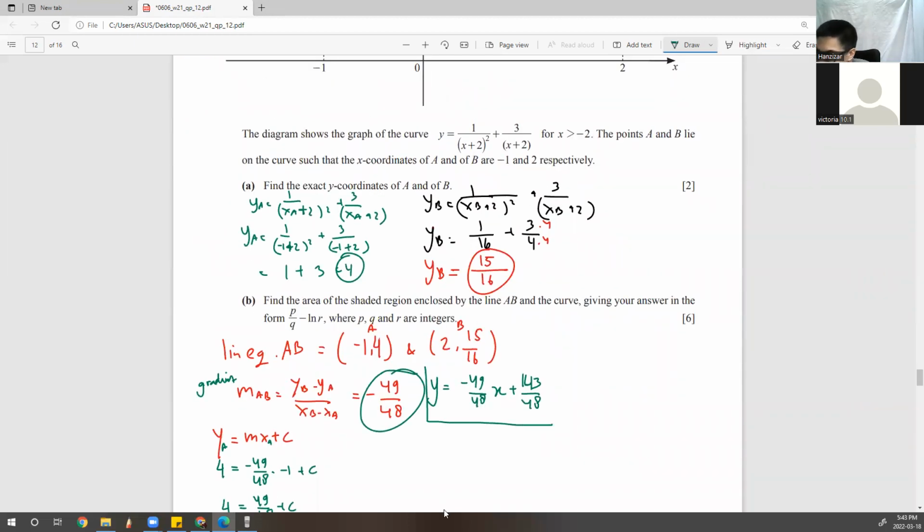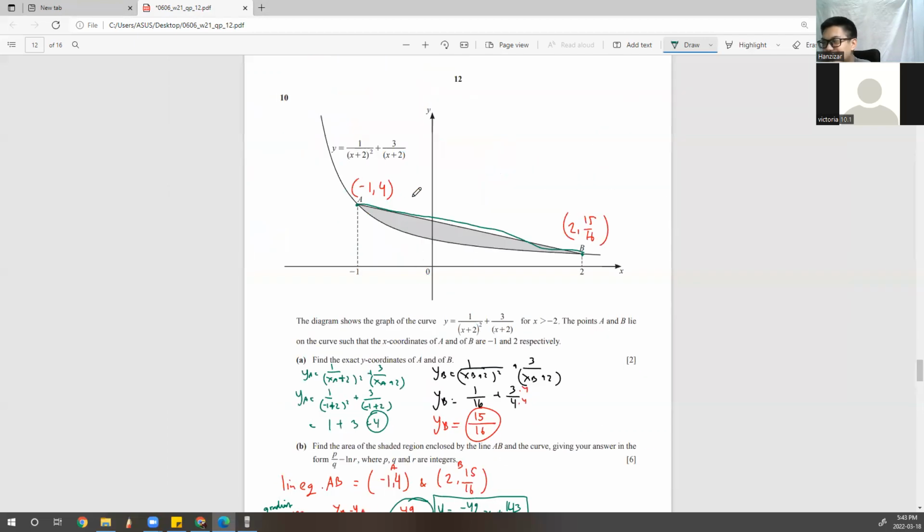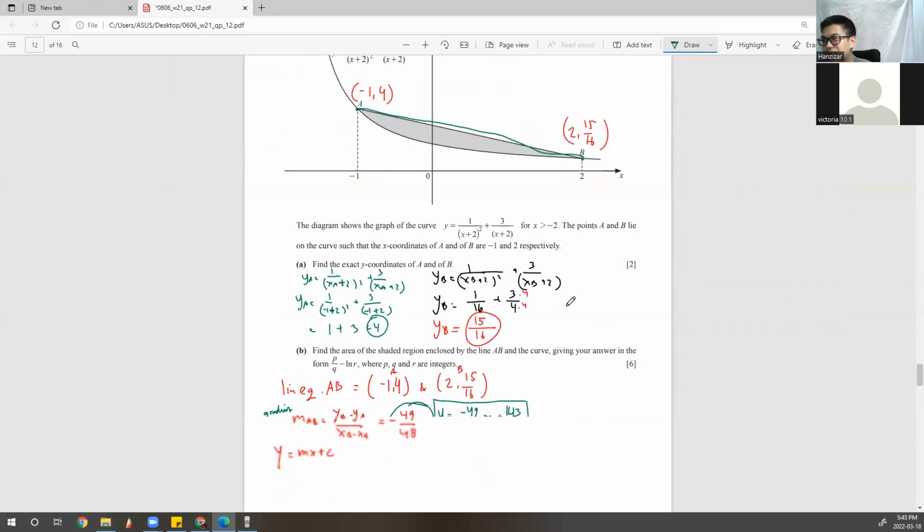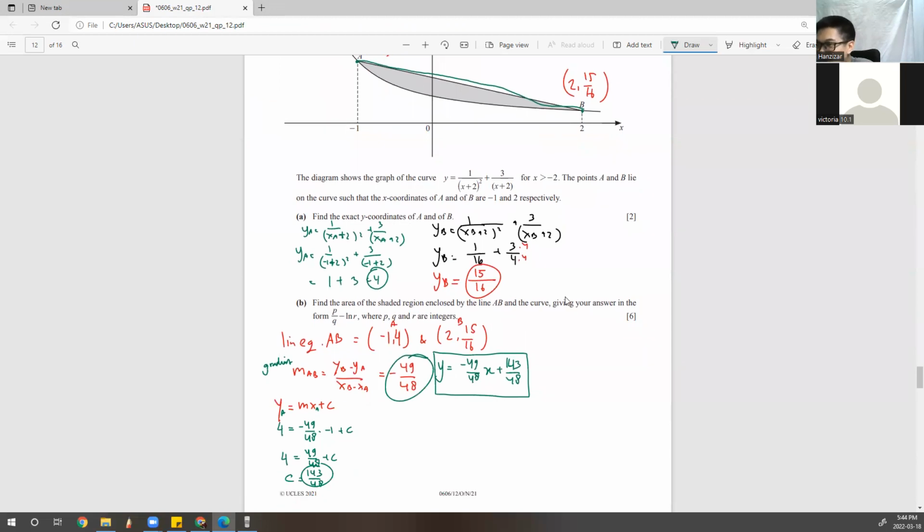This is the line. Which is on top, the line or the curve, Vicky? The line, right? The line is above the curve. So in order to find the area, you are finding the integration, right? Because the area of the shaded region is the integration of the upper equation minus the lower equation. Upper will be the line.